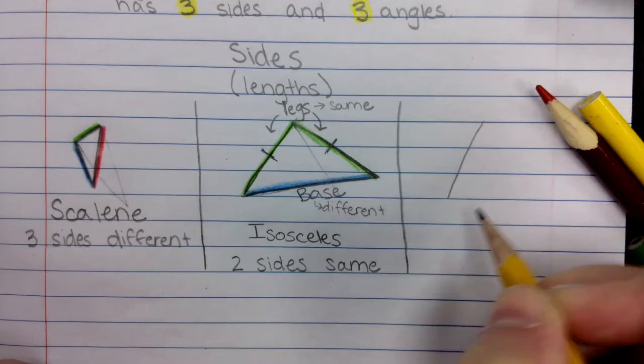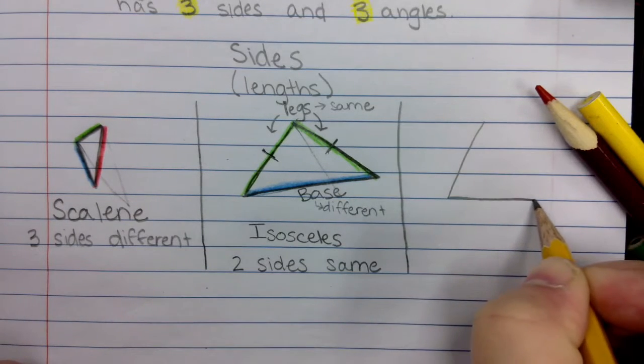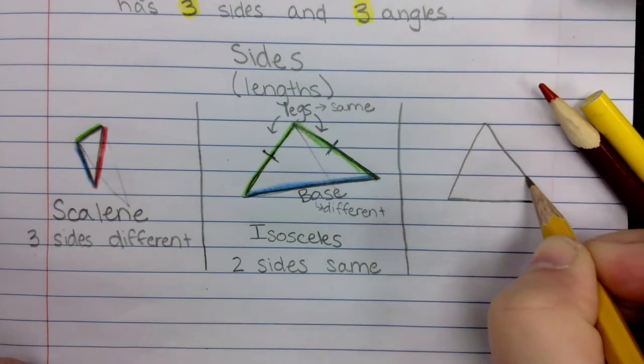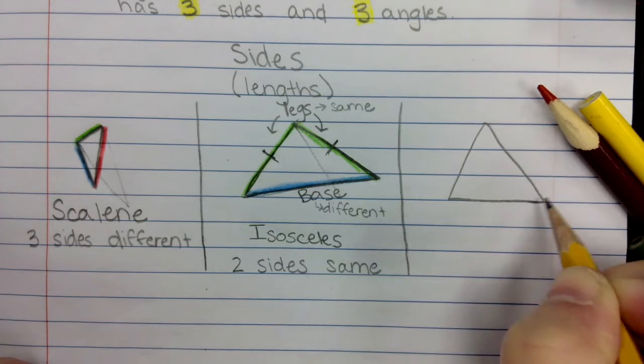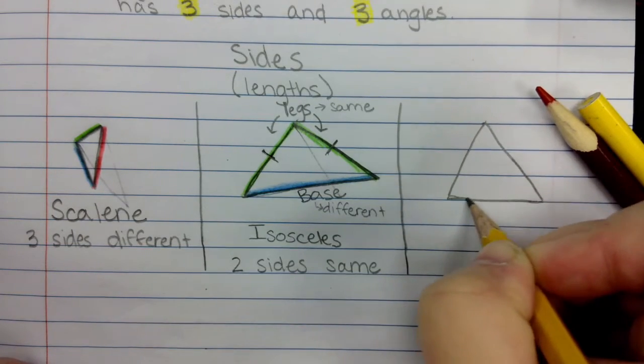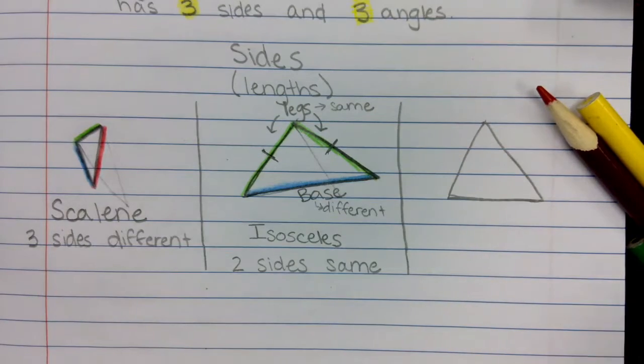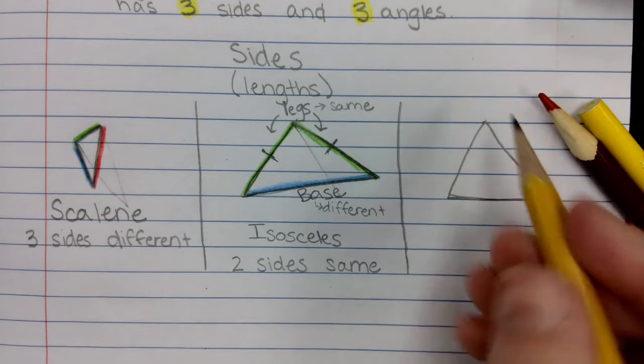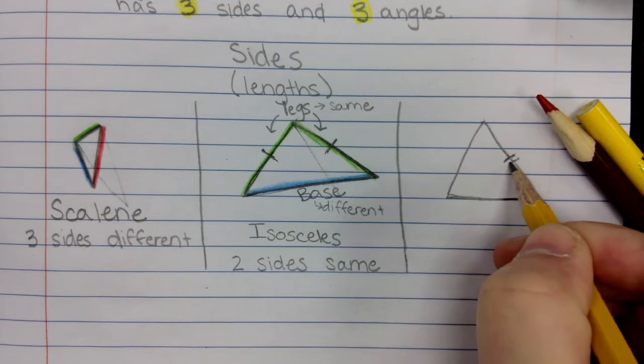Now, if yours doesn't look like they're the same, how can we show that, in fact, no matter what a drawing looks like, we know for a fact that they are the same? We use those tick marks again, right? This time I'm just going to use 2 tick marks just to show it's a little bit different than the last one. And all three of those sides are equal.